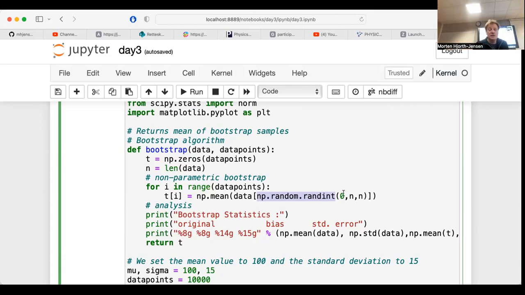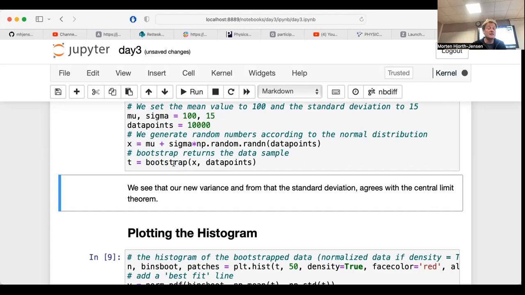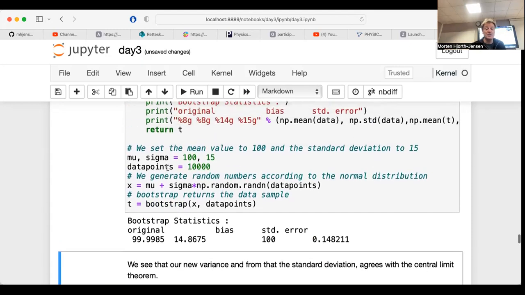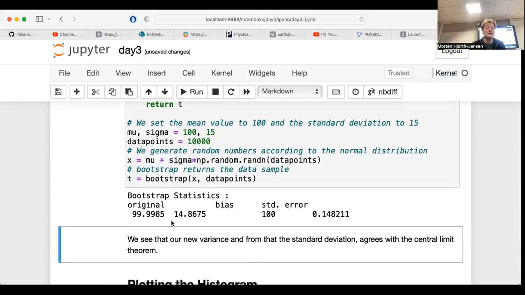And if I run this code here, by producing that and calculating the mean values, so this normally takes a little bit of time, you see now that since I have only 10,000 data points, I'm not going to get 100 exactly.